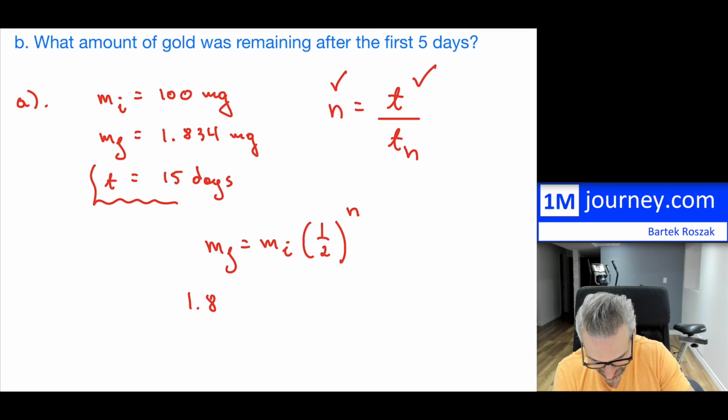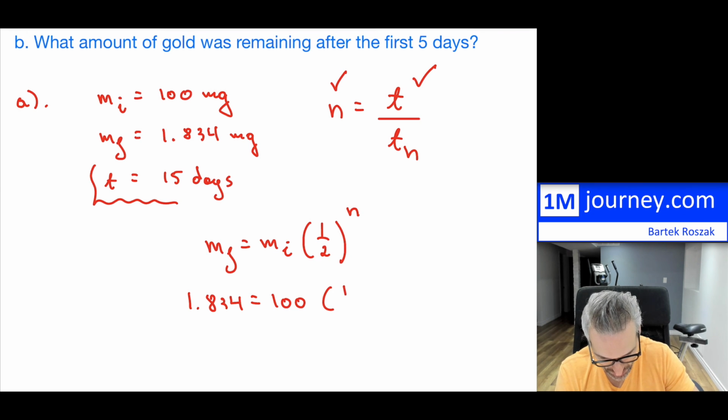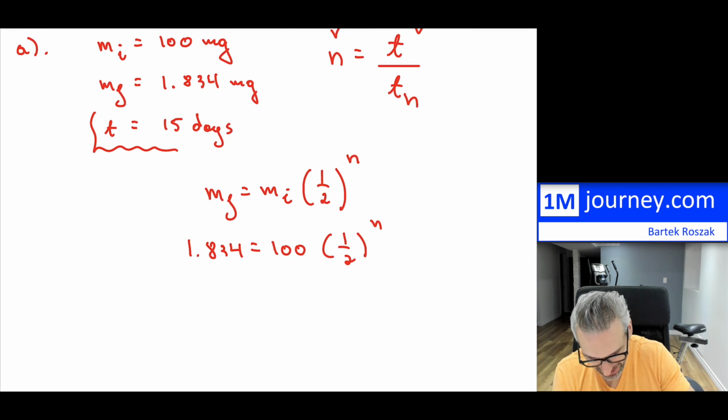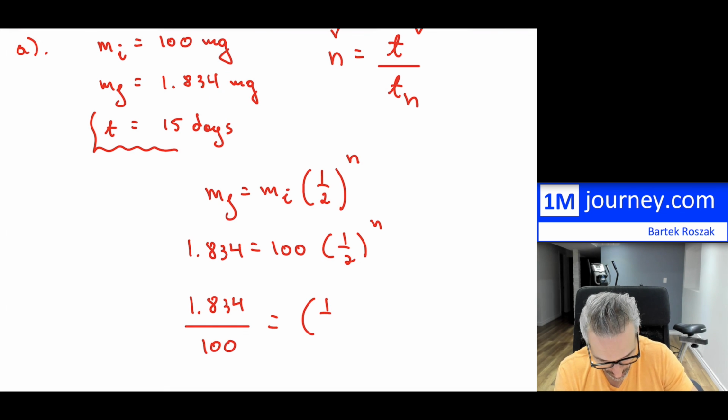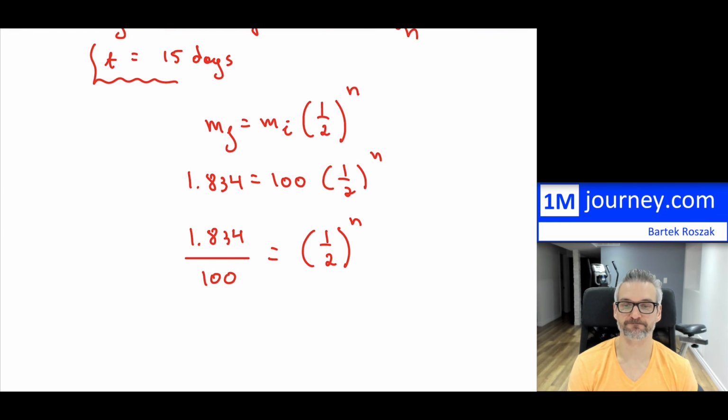Okay, so let's try that. So final is 1.834, initial is 100. This is 1/2 to the n. So by the same token, in terms of solving for my exponent, I'm going to get 1.834 divided by 100 is equal to 1/2 to the n, right there.